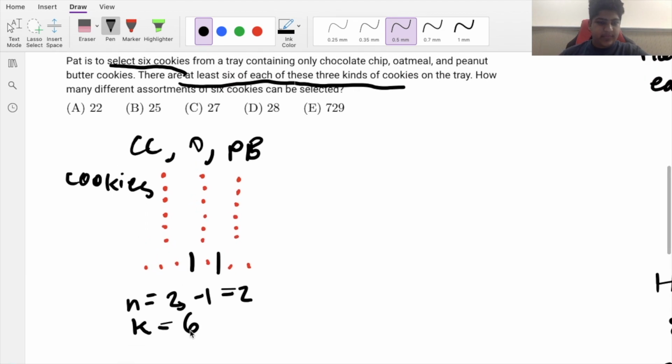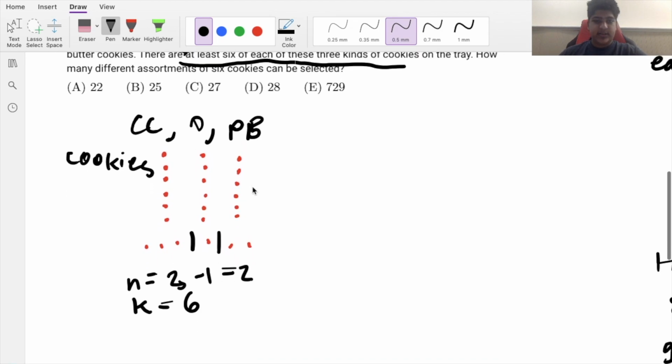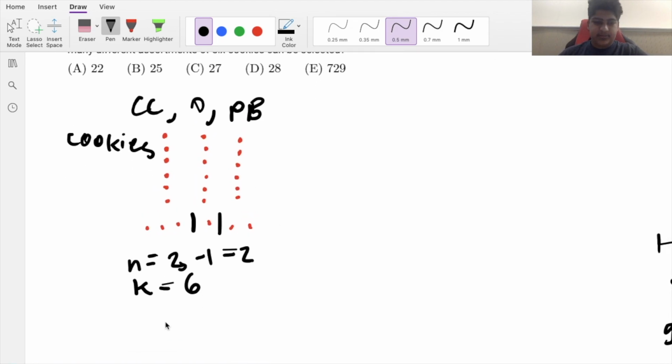And now, finally, since there's no restriction, we can just solve the problem, either using our formula or using our intuition. Here, I'll do both. You can see that we have 6 plus 2 equals 8 items.